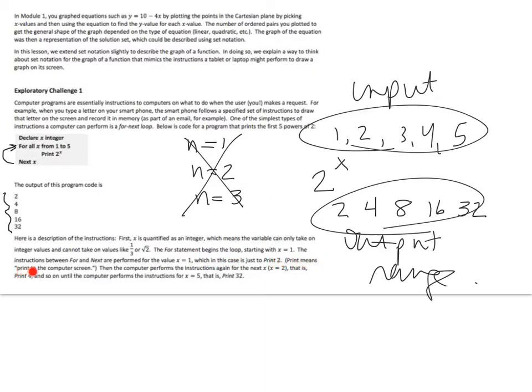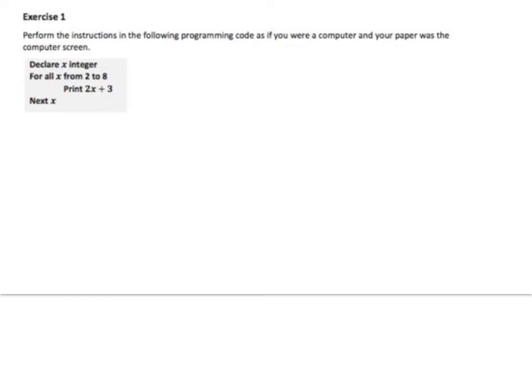Print means print to the computer screen. Then the computer performs the instructions again for the next x equals 2. That is print 4, and so on until the computer performs the instructions for x equals 5. That is print 32. And then it is done. It has satisfied its loop. Perform the instructions in the following programming code as if you were a computer.